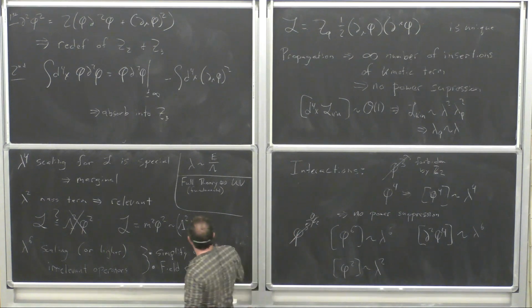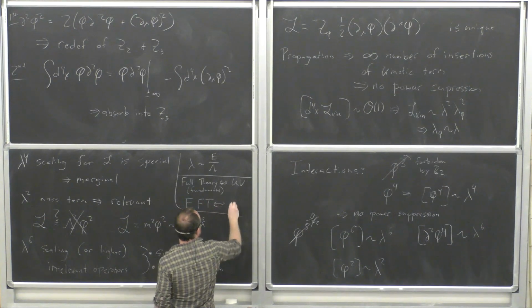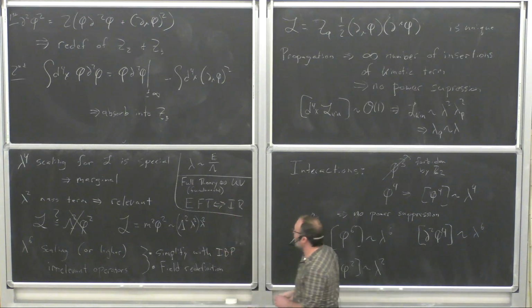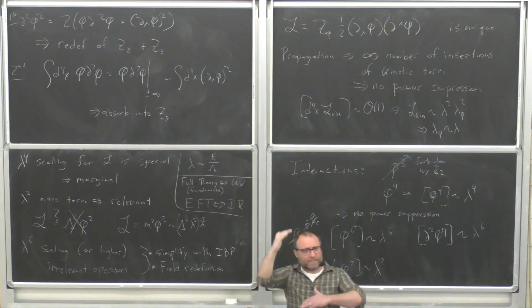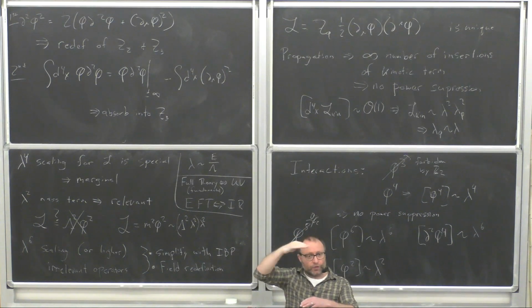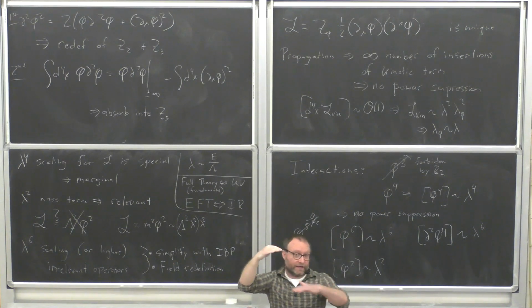I'm going to use the effective theory and the IR, again, interchangeably, okay? Everything we're going to do together, we're just going to have two levels, okay? We're going to have a full theory with more states in it. We're going to integrate out some of those states to derive an effective theory, okay?